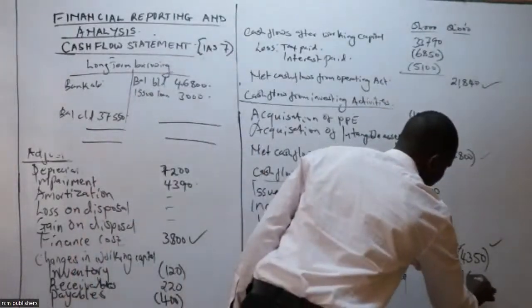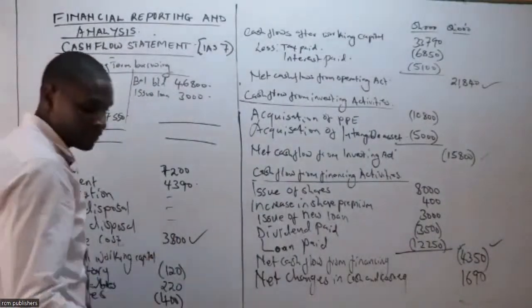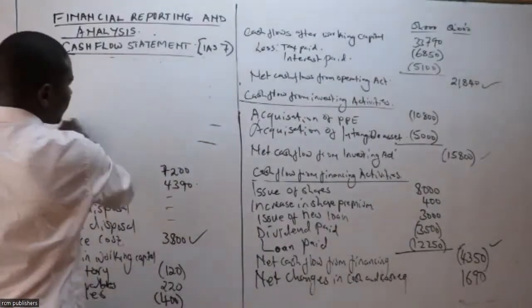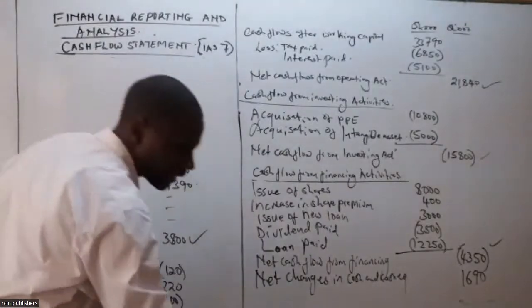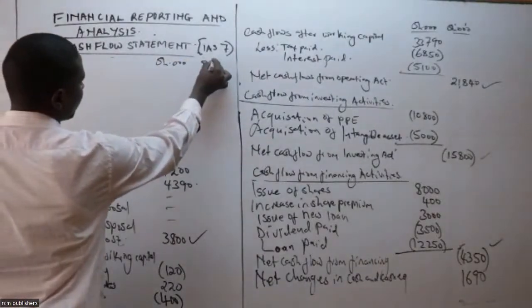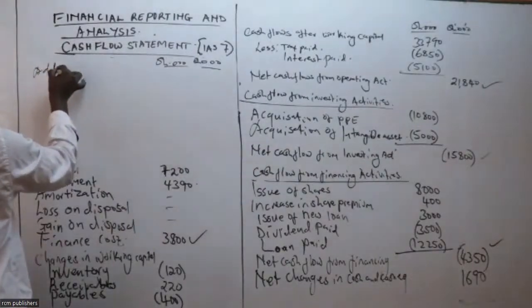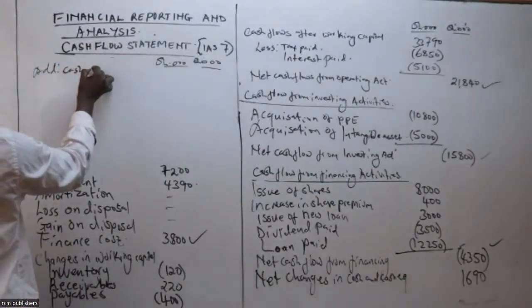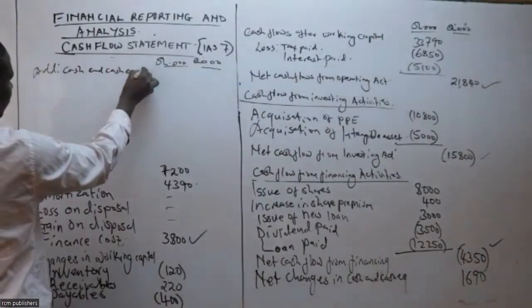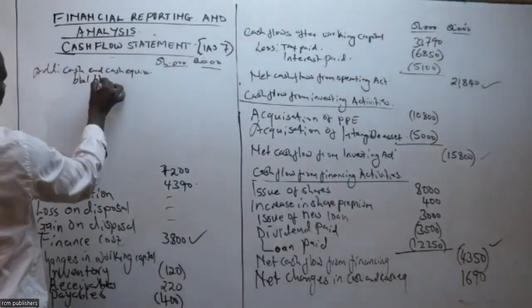Class, we usually add cash and cash equivalent brought down, balance brought down.